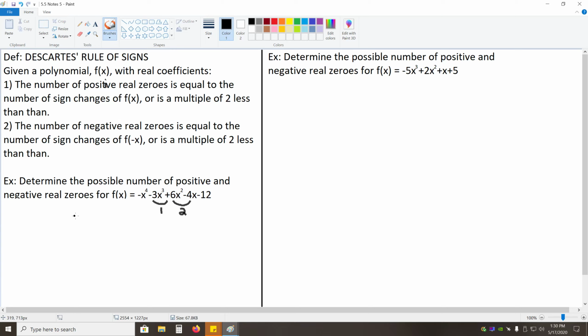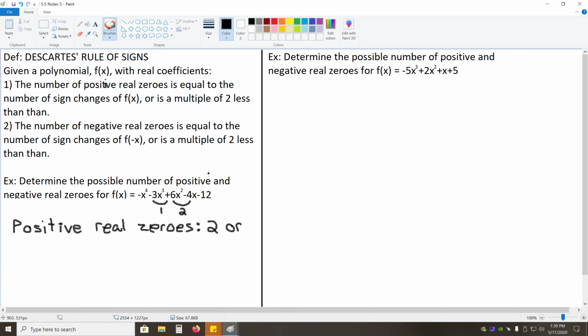So that tells us that the positive real zeros total up to either 2 or an even multiple less than that.